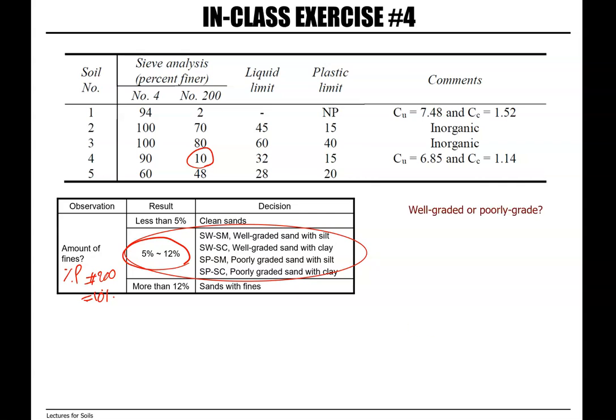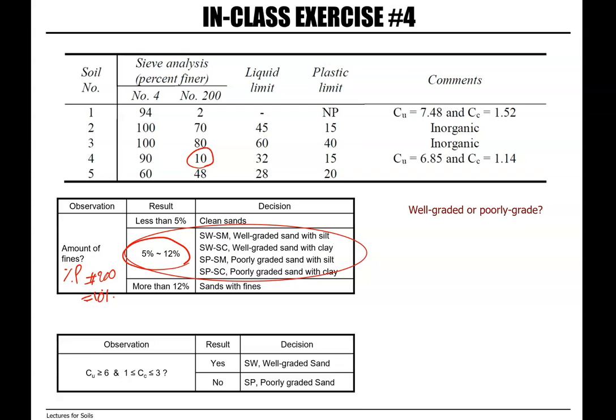So now we need to first answer the question, is this sand well graded or poorly graded? And then we also need to see if we have more clay or silt. So in order to answer the question if this sand is well graded or poorly graded, we need to check these two statements.